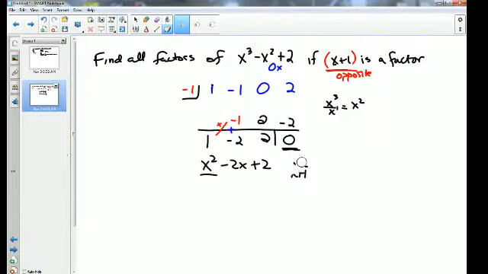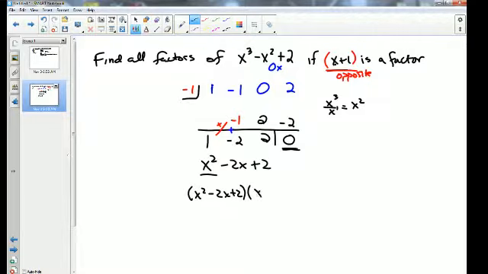So, okay. So my resulting polynomial so far is right there, correct? This polynomial is the same as that. Can I factor that quadratic now? Yes.